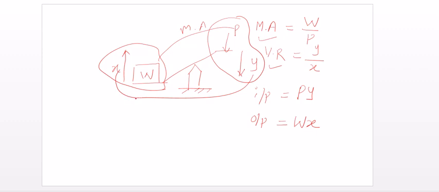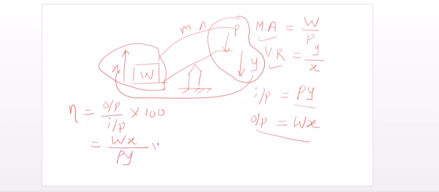After that we have seen the efficiency. Efficiency is indicated by eta, and it is output divided by input into 100. Output is W into X divided by input, P into Y, into 100.